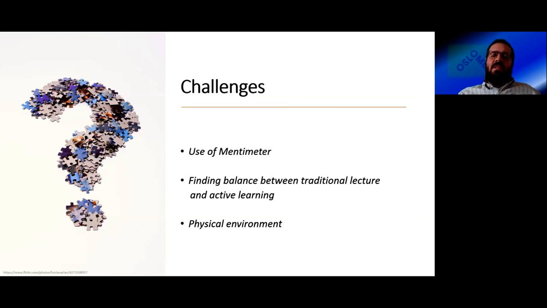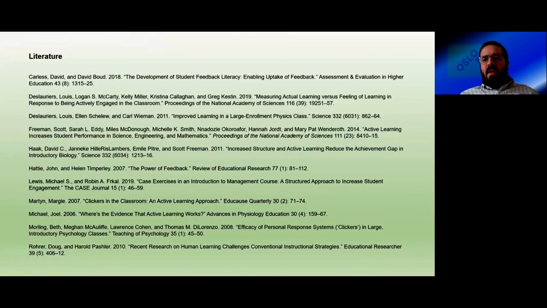As you saw in the last picture, that room was used also for traditional lectures by other teachers. So we always had to prepare the room beforehand, which of course is time consuming. So these are the challenges that we have to work on. And that's it.